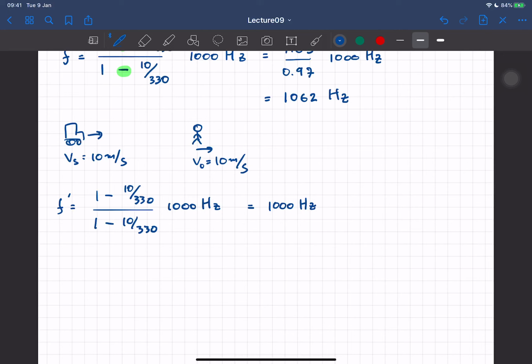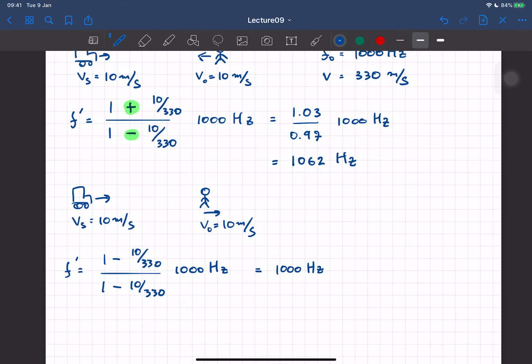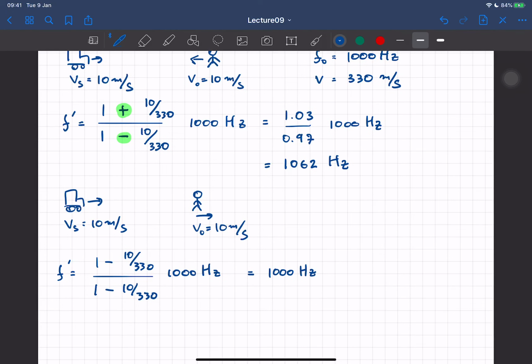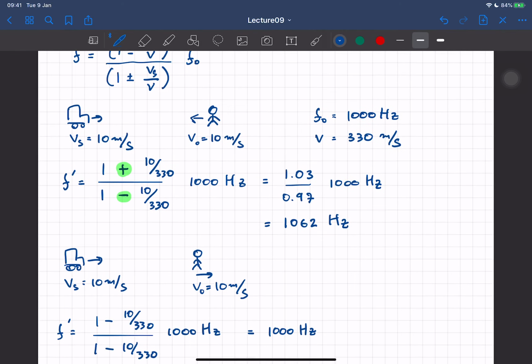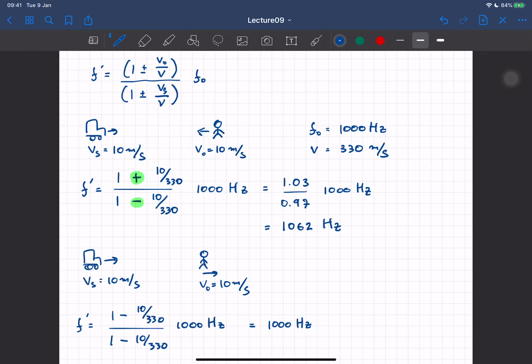Okay, so that's how we do this kind of stuff, and it's not gonna be any more complicated in terms of problems involving the Doppler effect. So most of the time it's just this formula here, and you just need to choose the correct sign.